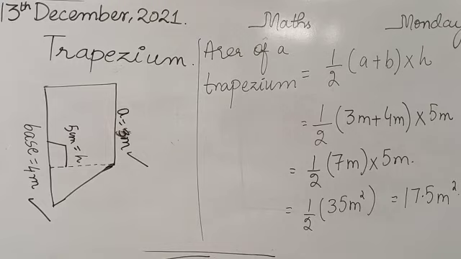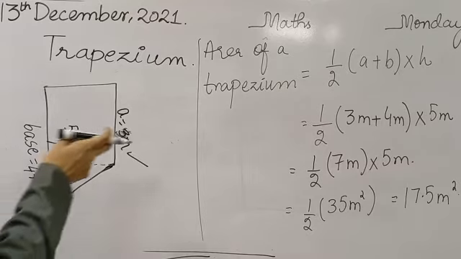Now what will we do if somebody asks us to find the perimeter? What will be its perimeter? What is perimeter? First of all tell me. Sum of lengths of boundary.